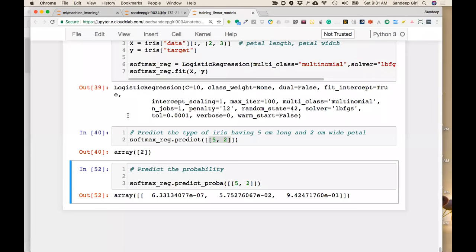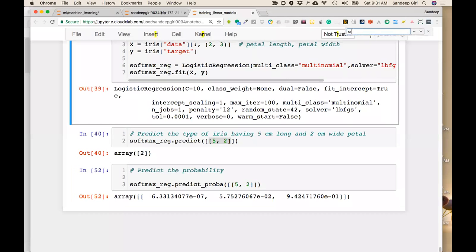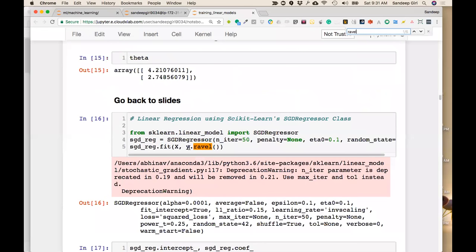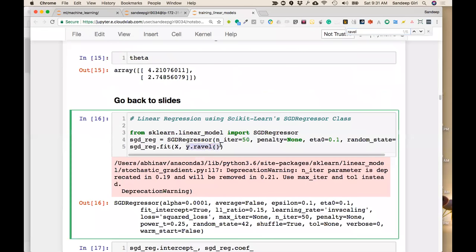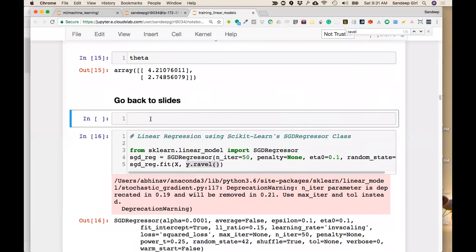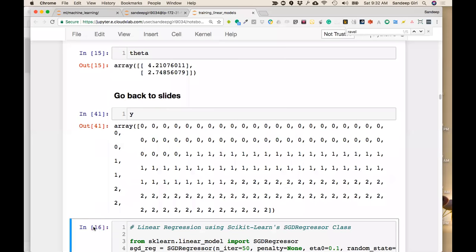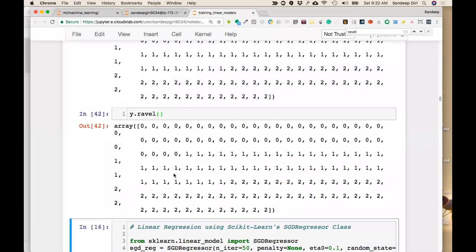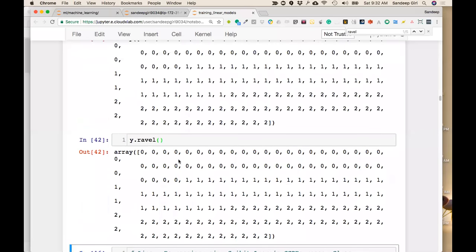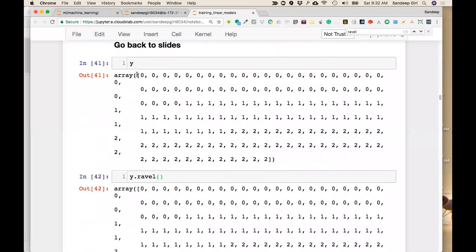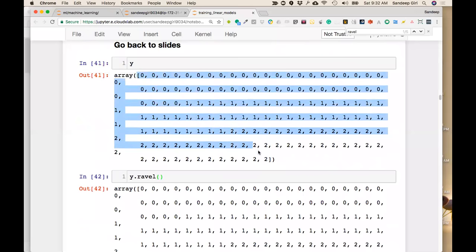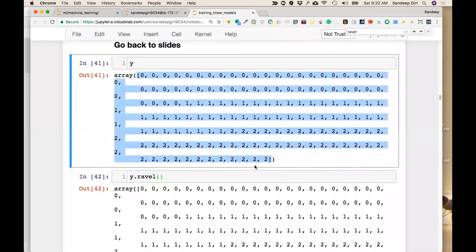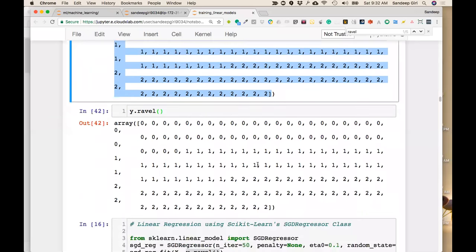So let me just see where we are using this. Let's take a case of y revel and normal y. So here we have y. All of these is a single array.